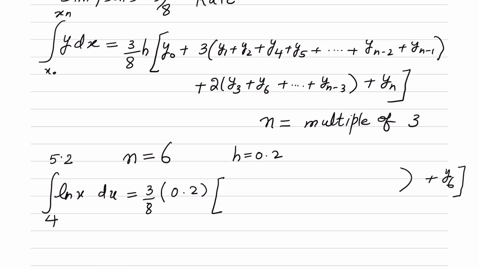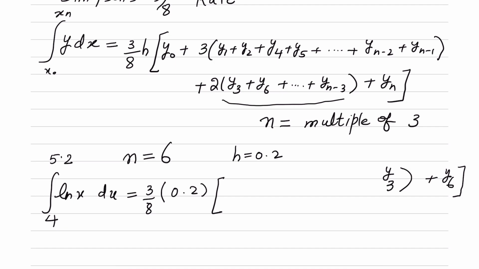So after y6, let's look at this part which has multiples of 3 subscripts. So you have the last value yn minus 3, it goes all the way back to y3. For yn minus 3, since n is 6, 6 minus 3 is y3.